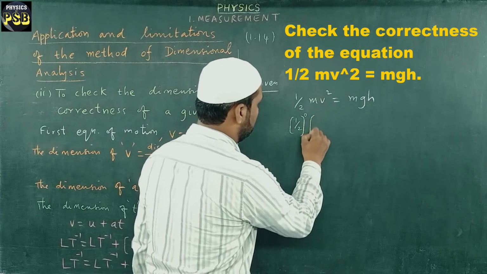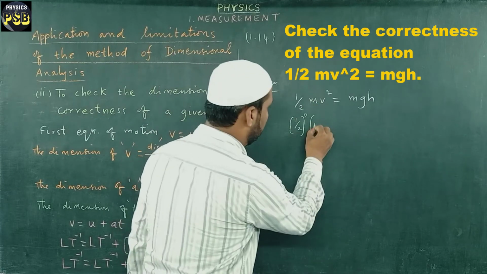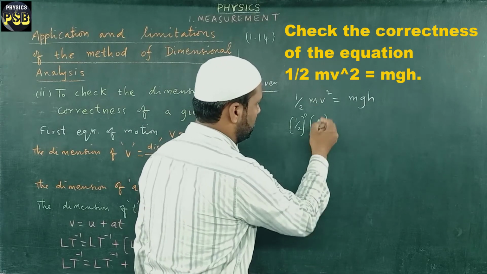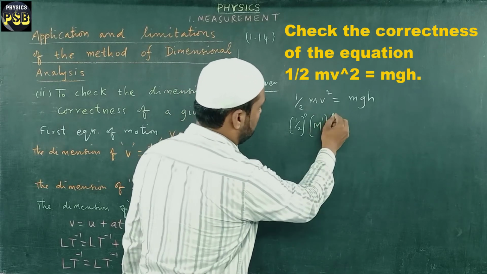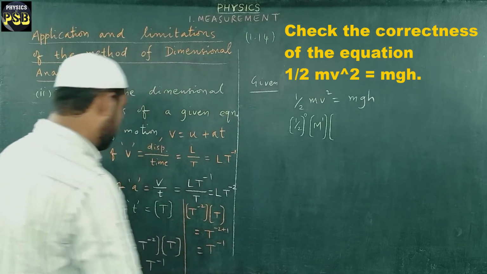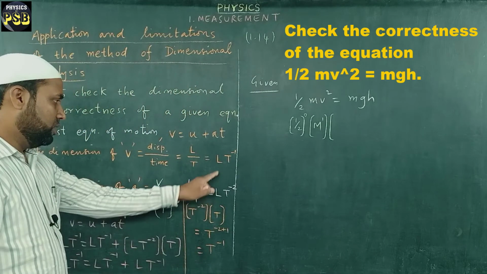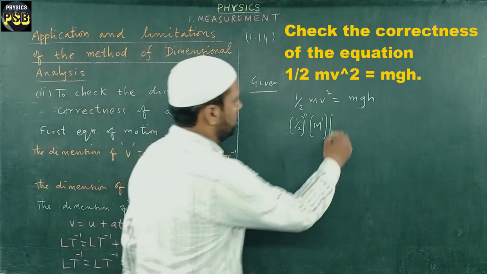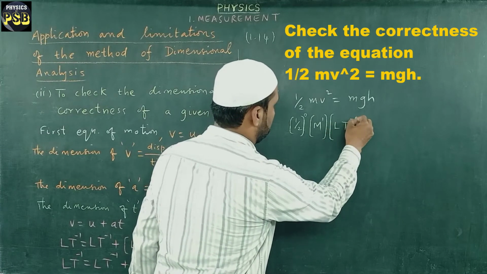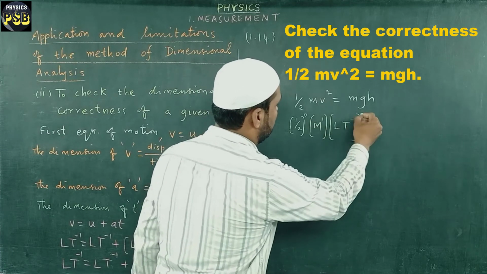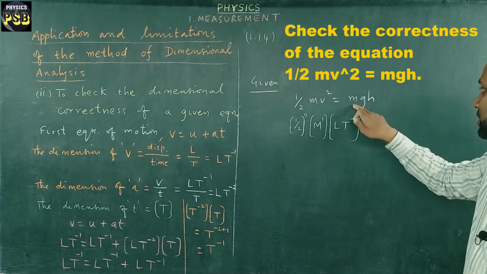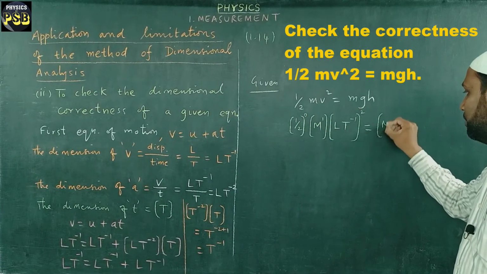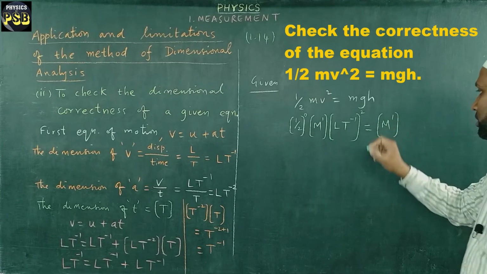Then the dimension of mass is capital M. There is no power, that means the power is 1. Then for velocity we have the dimension LT power minus 1, that is raised to power 2, is equal to the dimension of mass is M, power is 1.